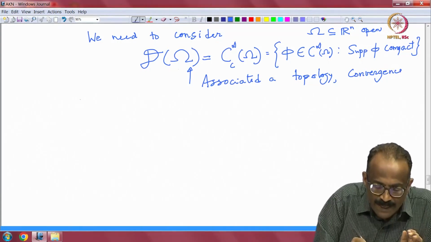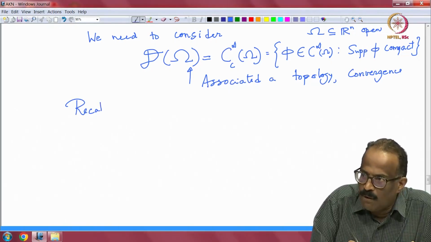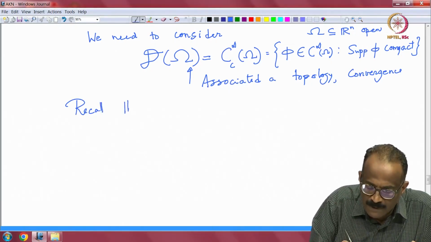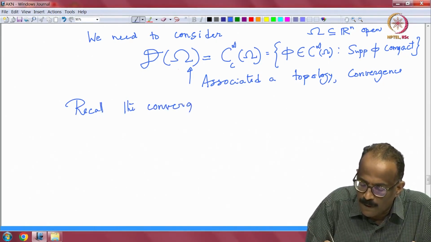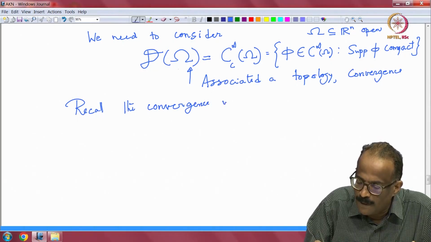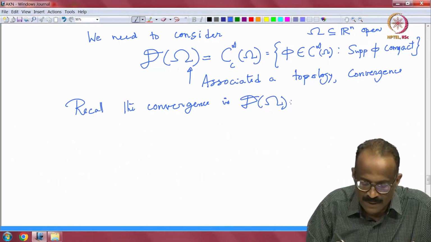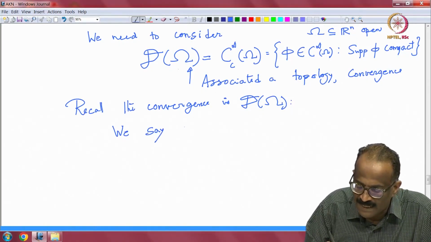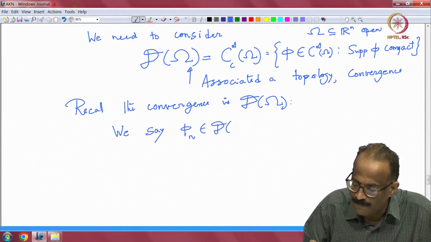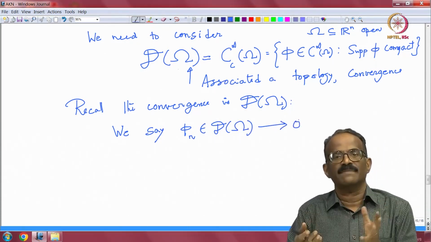So, let me just recall not the entire topology, but the convergence, for the sake of completeness. We recall convergence in D of omega, which we have already studied. Because of the linearity, we say phi_n belongs to D of omega and converges to 0. It is enough to consider convergence to 0.